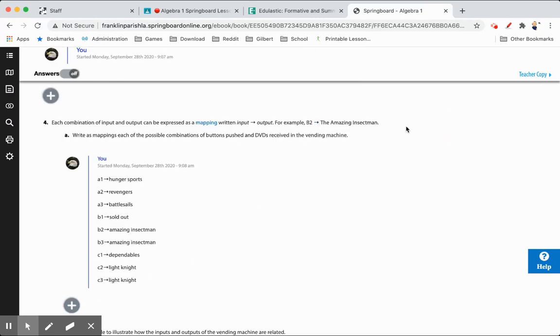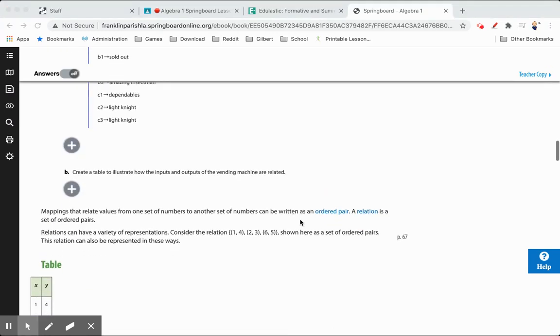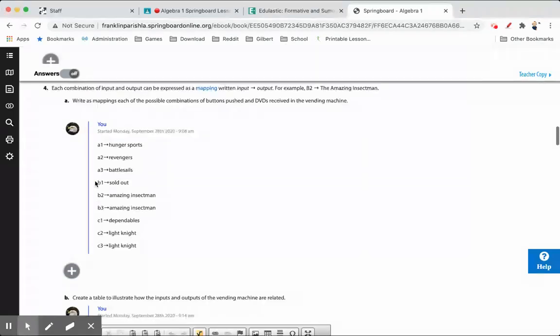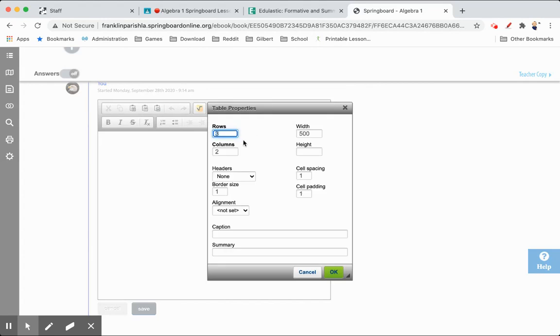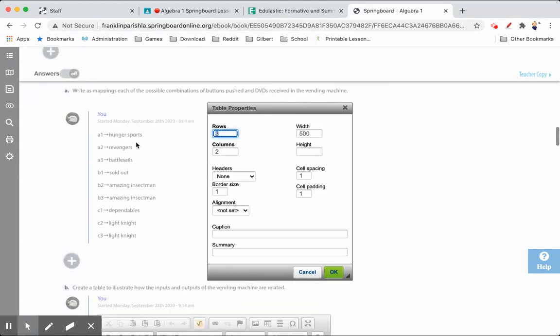All right, part B, create a table to illustrate how the inputs and outputs of the vending machine are related. So we just basically put this mapping that we did onto a table. How many is that? 1, 2, 3, 4, 5, 6, 7, 8, 9. I need 9 rows, but probably one for the title too, so let's put that at 10 rows.